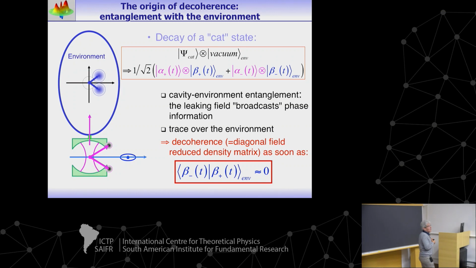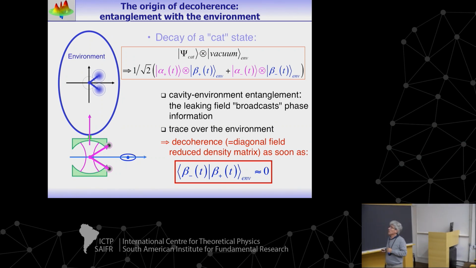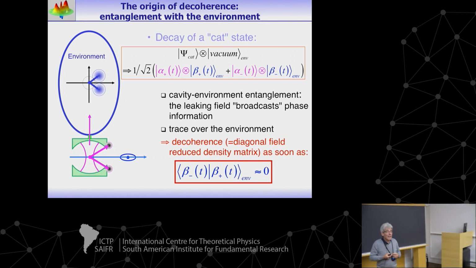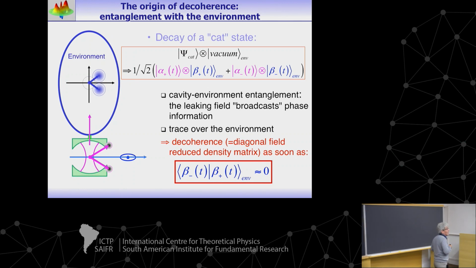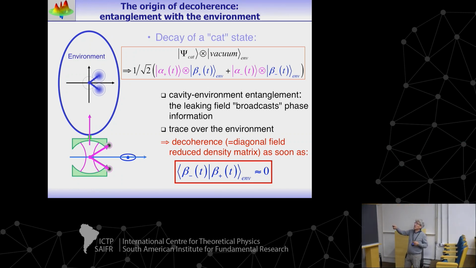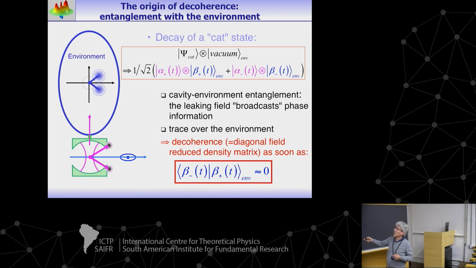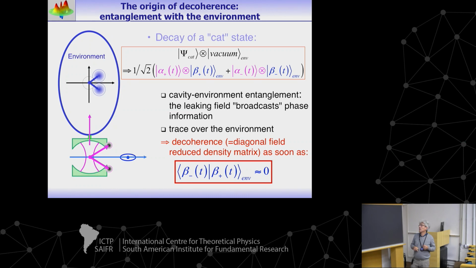And indeed, the decoherence time of the Schrodinger cat state is precisely related to the time it needs so that beta minus and beta plus become orthogonal states. And that's the definition of the decoherence time, which corresponds to the time scale at which this superposition state, which is entangled, leads to a completely mixed density operator for the field remaining in the cavity, a statistical mixture of alpha plus and alpha minus.